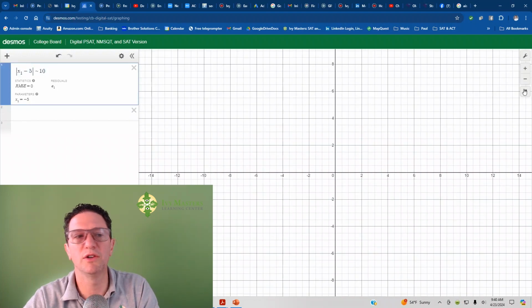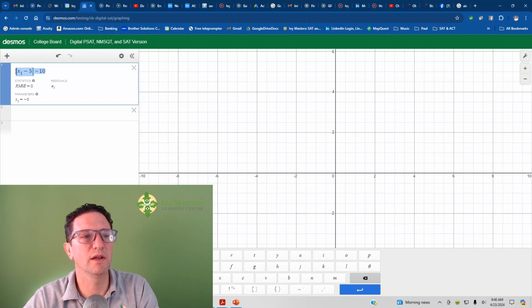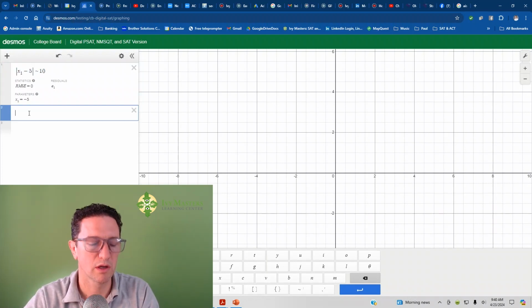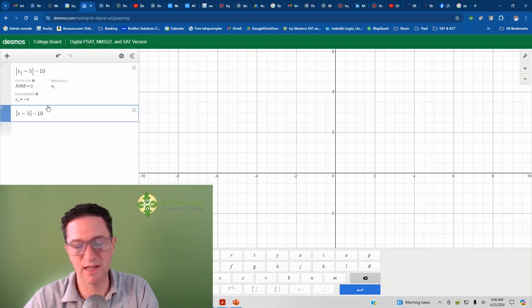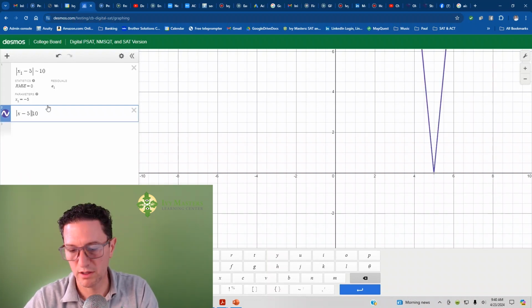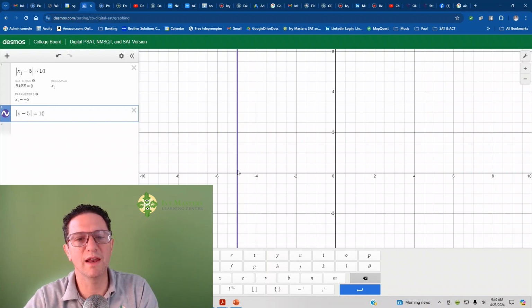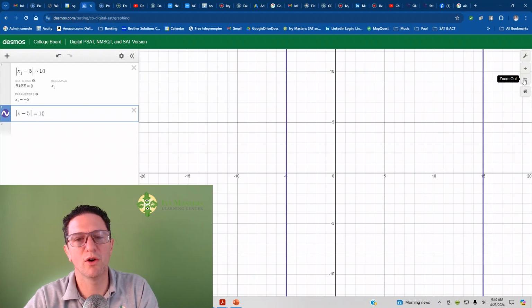Alternately, if you were to plug this in just as it appeared, then you would see that you'd get a line through negative 5. So you can mark your answer and move on. Usually there are two absolute value answers.